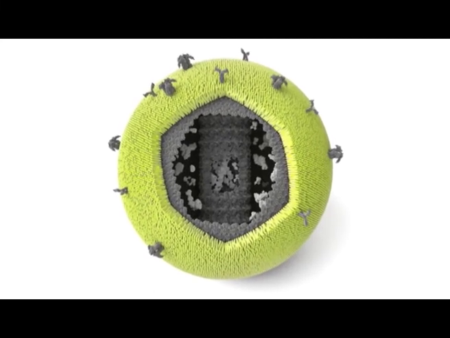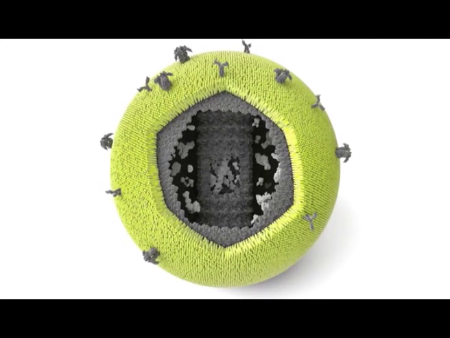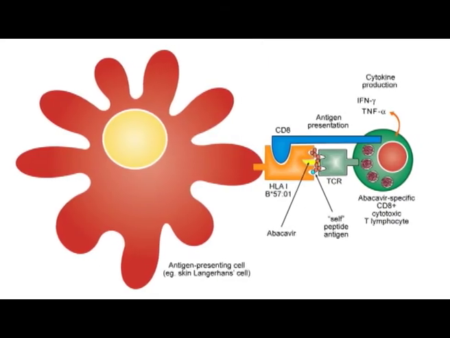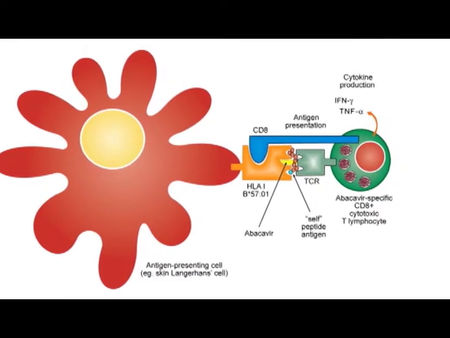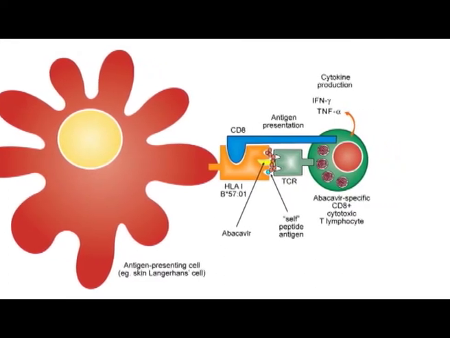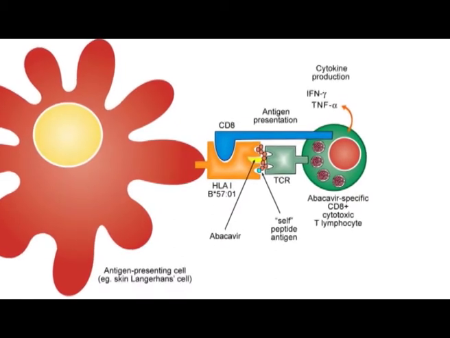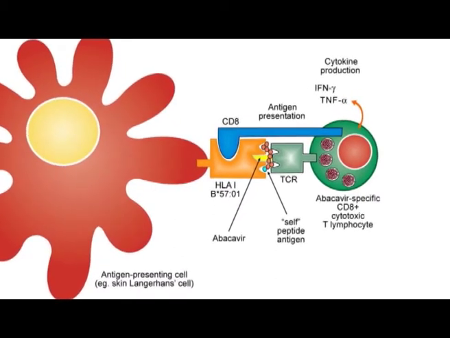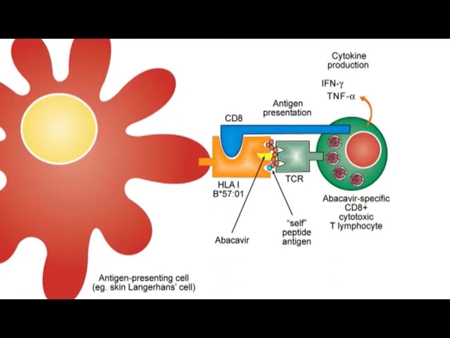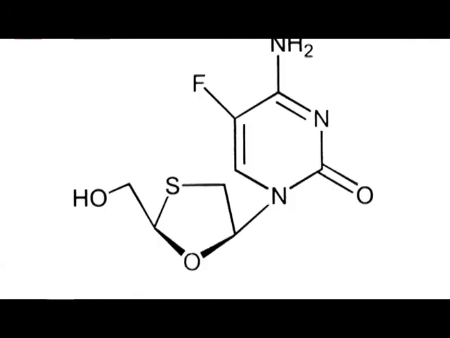Its target is the viral reverse transcriptase enzyme. After ABC is completely phosphorylated, it competes with guanosine for incorporation into the DNA strand. When the reverse transcriptase incorporates the ABC product, transcription is terminated.